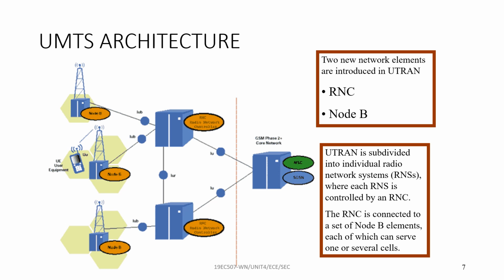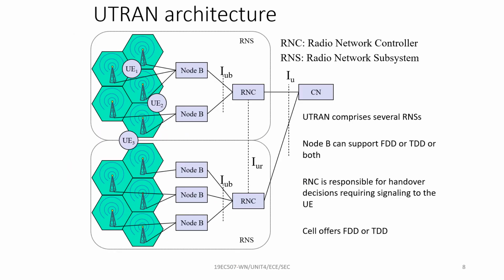These RNCs are connected to the core network CN through the Iu interface, and the network deploys packet switched data which is communicated through the Iu PS interface. And through the Iu CS interface, circuit switched data is communicated.